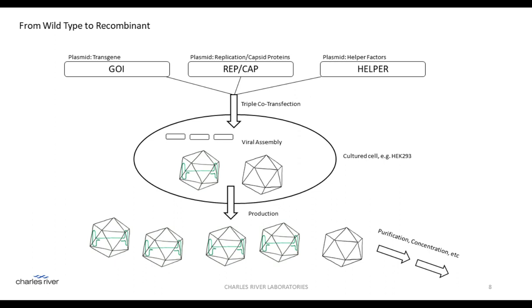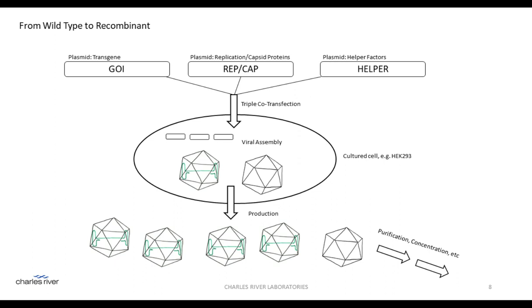Additionally, in most production schemes, such as this quite popular and common triple co-transfection method illustrated here, the wild-type AAV genes for replication and for the structural capsid proteins are also co-transfected. The rep and cap genes are removed from the viral target DNA, and only the therapeutic transgene sits between the inverted terminal repeats, as illustrated in the capsid diagram.